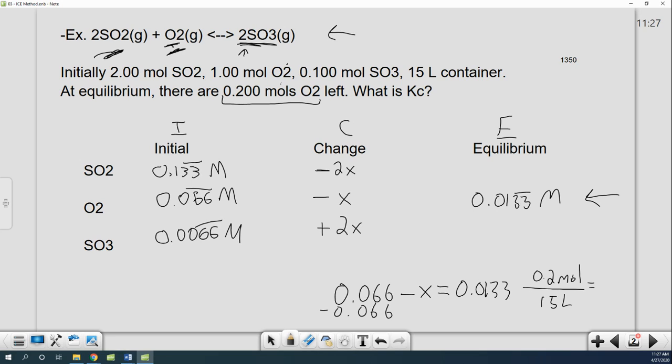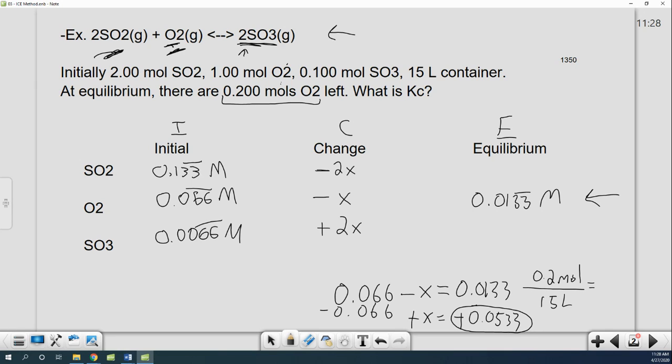So I get 0.0133 minus 0.0666, repeating, and I get negative x equals negative 0.0533. All right. So now I know what x is.